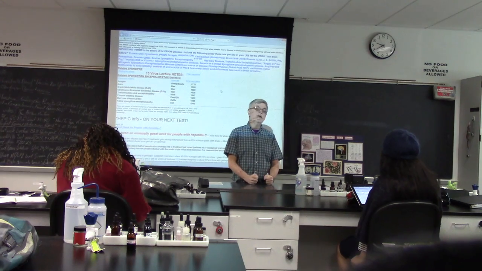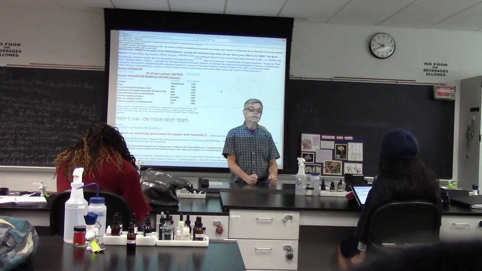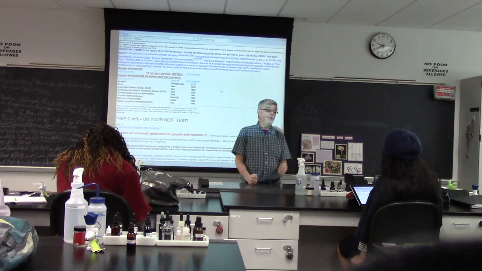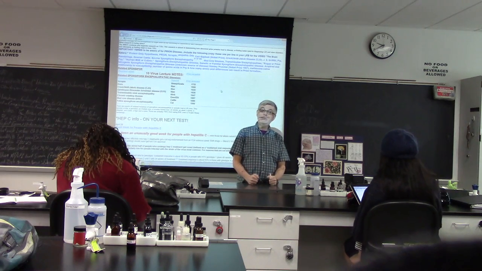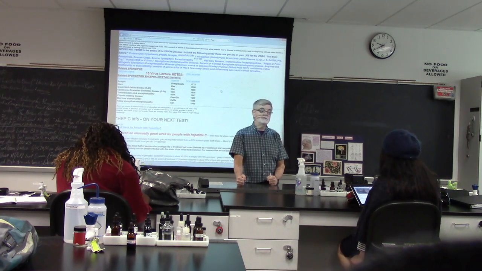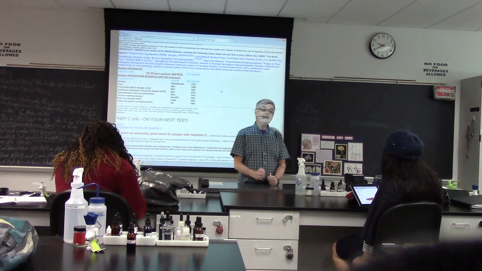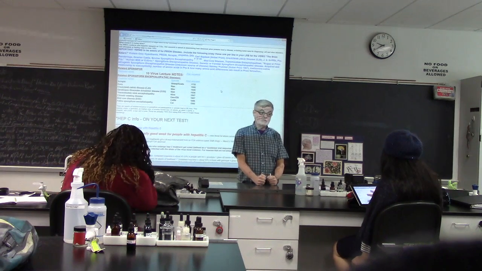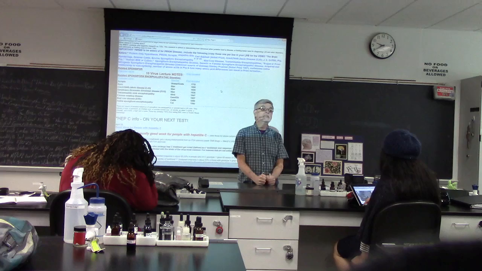The species barrier between sheep and cows is low. The species barrier between sheep and people is very high. We don't get their diseases, they don't get ours. But sheep and cows can get the same or similar diseases because they have a low species barrier between them.